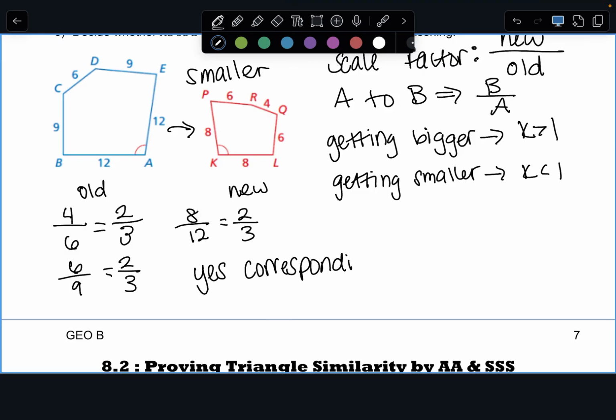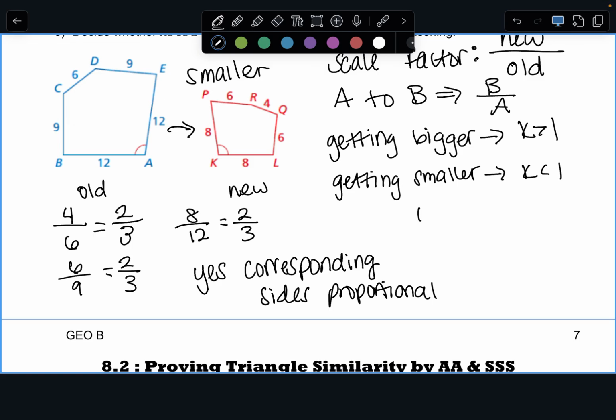So corresponding sides are proportional. But can I determine that these two polygons are similar? They're not triangles, so I can't use AA or SSS. Do I know that these things are similar? Technically, I don't, because we only have one angle.